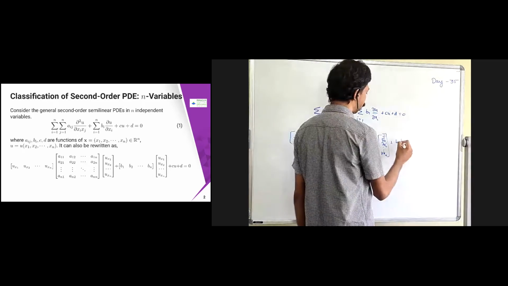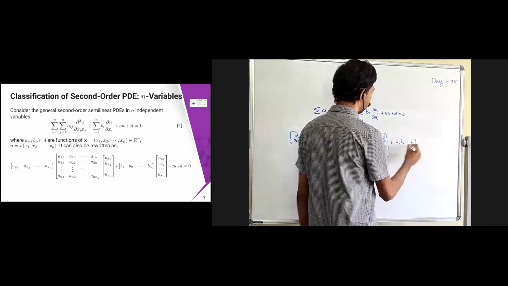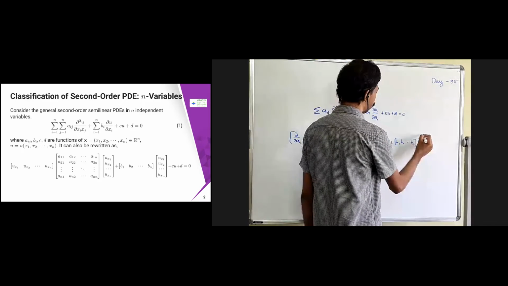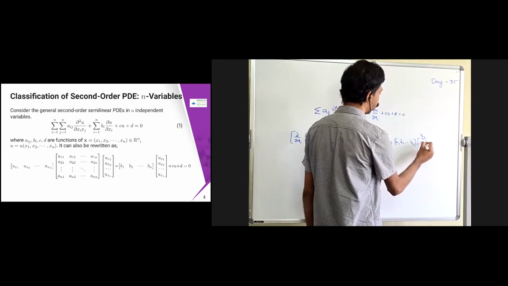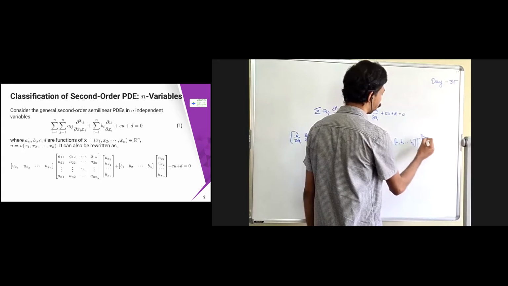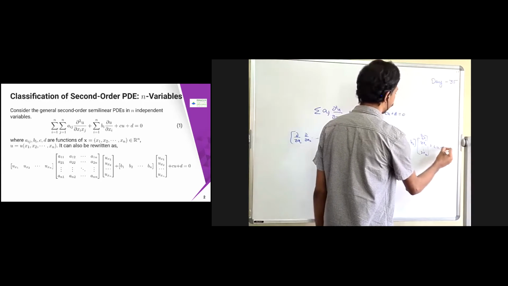Plus here b, I am going to write b1, b2, etc., bn, and here dou by dou x1, dou by dou x2, etc., dou by dou xn, plus cu plus d.